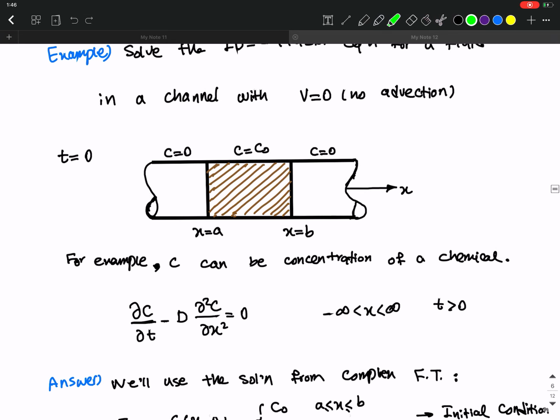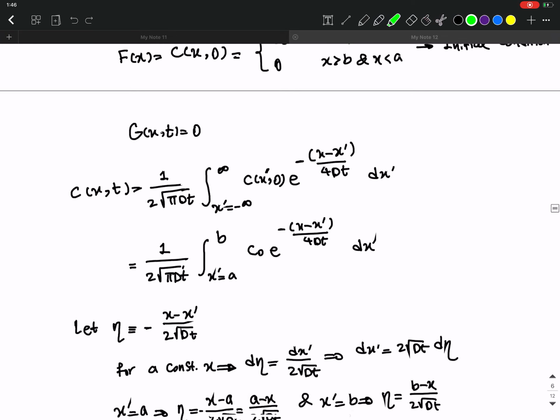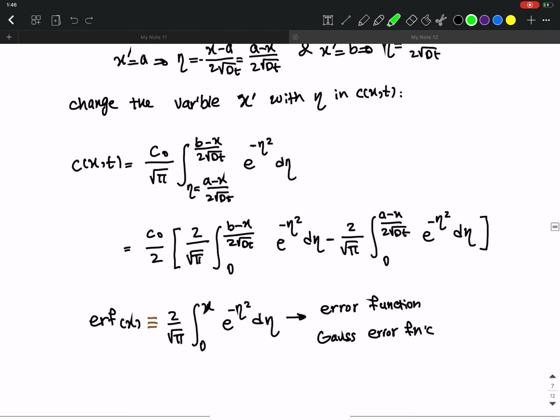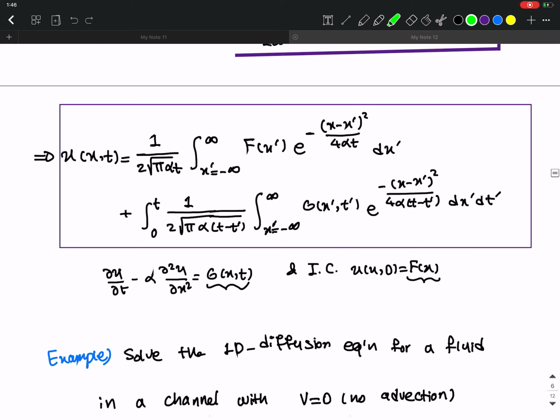So we had some initial concentration of tracer, and then we wanted to see how it evolves in time. We substituted back the solutions into the complex Fourier transform, the general solution that we found before, and then we found the solution for that.